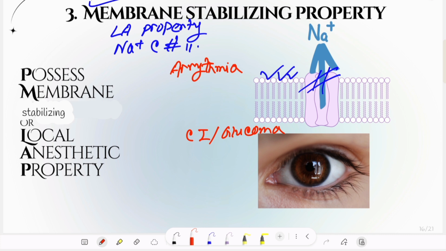But why are we saying that a beta blocker with membrane stabilizing property is contraindicated in glaucoma? The other drugs of the beta blocker group are used in glaucoma except these membrane stabilizing drugs. But why? What is the actual mechanism? Suppose this is our eye and this is the cornea.